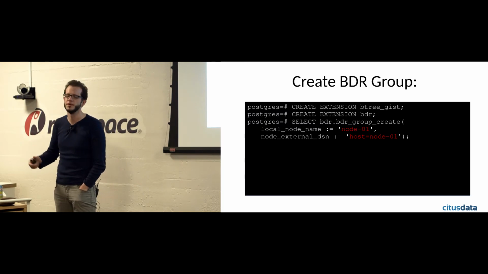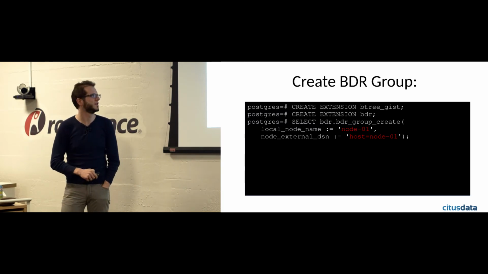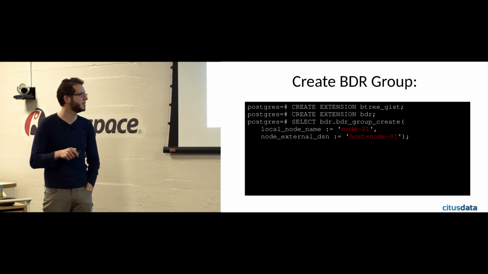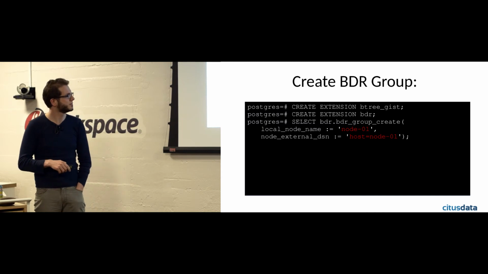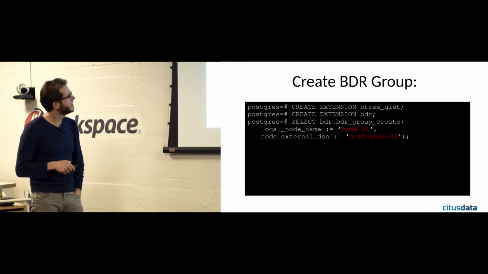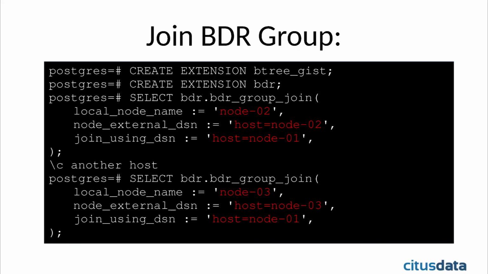You can override that, but by default, it will do all that. So bdr.group_create will not really do much, except check that this DSN actually works, and that this node name is unique.